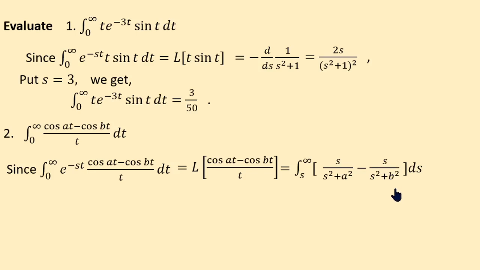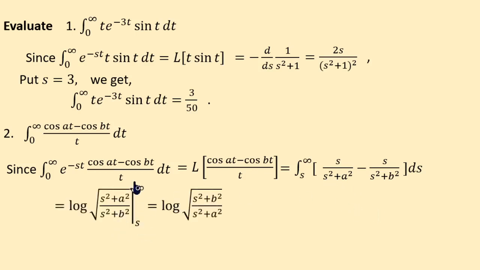And log a minus log b is log a by b, therefore it is log root of (s square plus a square) by (s square plus b square) from s to infinity. For the upper limit, when s is infinity, this becomes 1, log 1 is 0, 0 minus log a by b is nothing but log b by a. So, the final answer is log root of (s square plus b square) by (s square plus a square).